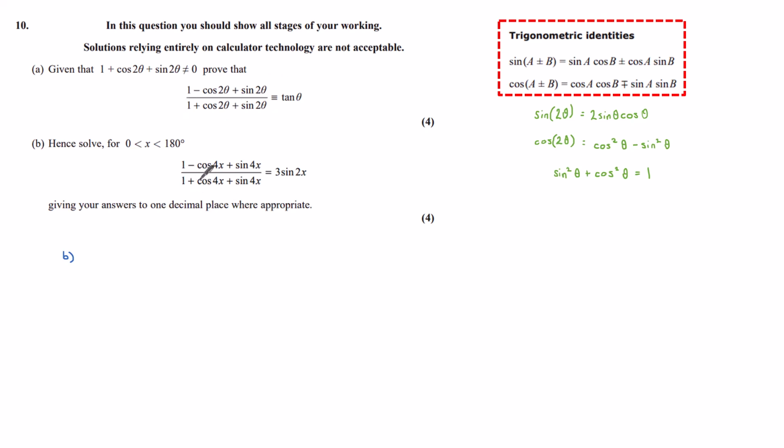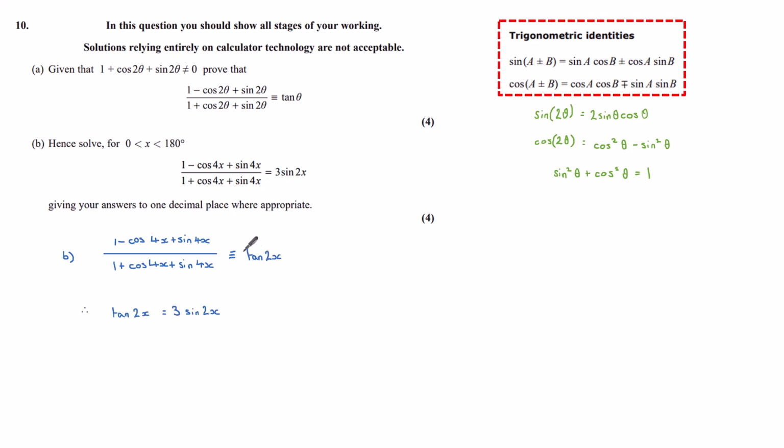I have my 1 minus cos plus sine, etc. However, this time I've got 1 minus cos 4x instead of 2 theta. So using my proven equivalence, I can write that this 1 minus cos 4x plus sine 4x over 1 plus cos 4x plus sine 4x is equivalent to tan 2x.